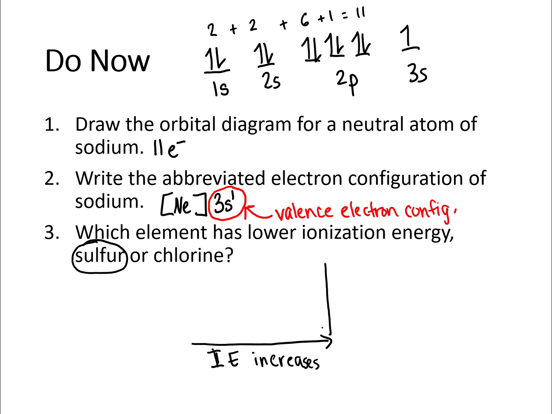As you go top to bottom, when we're going down a group, your ionization energy decreases. Sulfur and chlorine are in the same period. So that means that sulfur is going to be lower in ionization energy than chlorine.